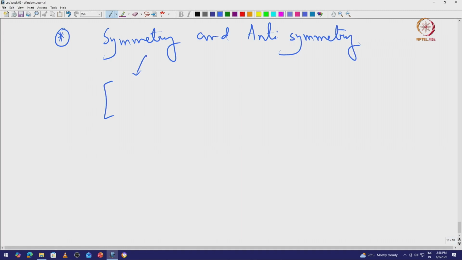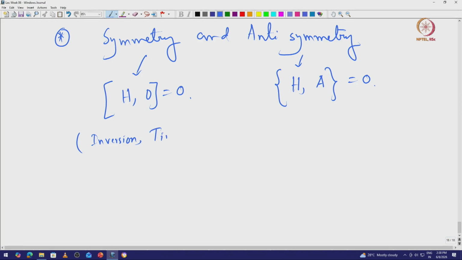The symmetry is when this holds, and anti-symmetry is when the Hamiltonian anti-commutes with some operator, let me call it O. So here the symmetries will be inversion, time reversal, and reflection, and other symmetries which we will not consider here. For example, discrete rotational symmetry, continuous symmetry, they are all like this.